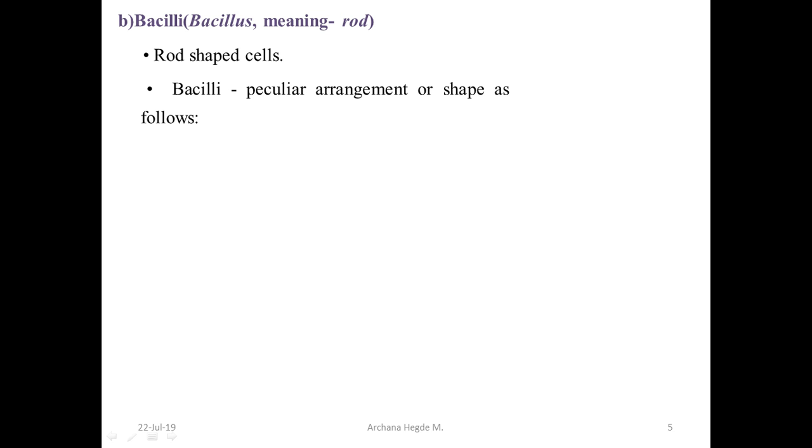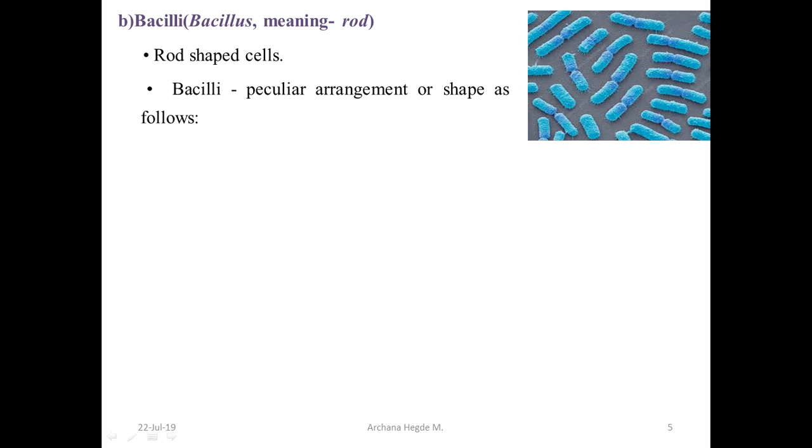Coming to the bacilli, bacillus means rod shape. A single one is called bacillus and many are called bacilli. These are rod shaped cells. Bacilli have peculiar arrangements or shapes as follows. This is the arrangement. You can see it is the rod shape structure.